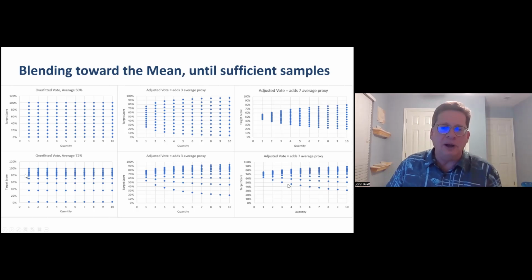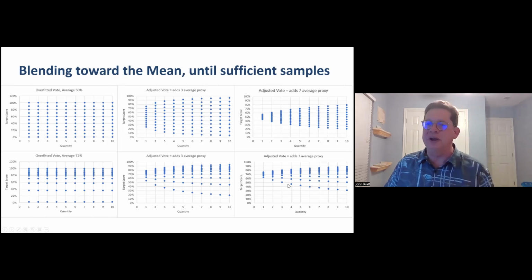So another way to look at this is if our data was skewed, if our mean average was closer to 85, 90%, it would also shrink that toward the mean if we're adding in some proxy votes. You could think of this as the T-shirt rankings on Amazon: the fewer quantities that we have, the less it's going to deviate from the mean.